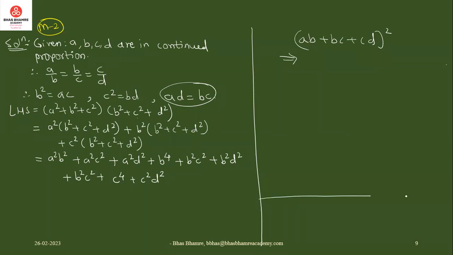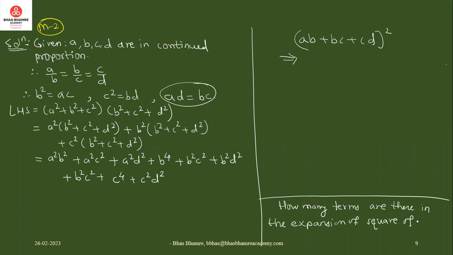My question is, how many terms are there in the expansion of the square of a trinomial? Who can answer this question?